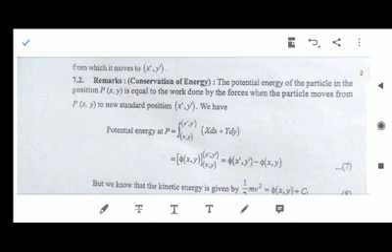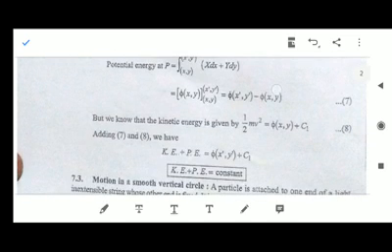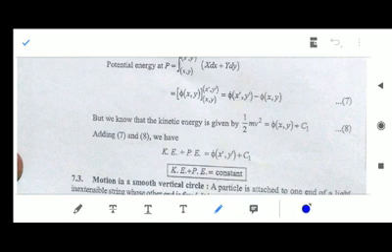But we know that the kinetic energy is given by 1 by 2 m v square equal to phi x y plus c1. So on adding these two, kinetic energy plus potential energy is equal to phi x dash y dash plus c1, and so we can see from here that the sum of kinetic energy and potential energy is constant.